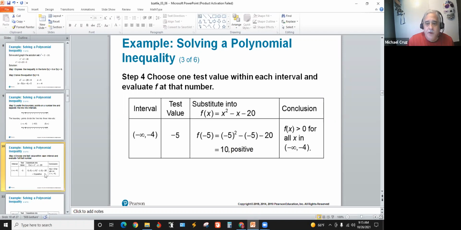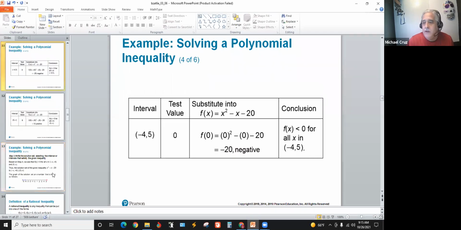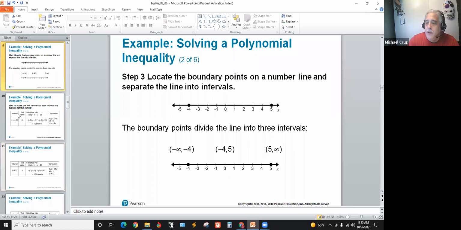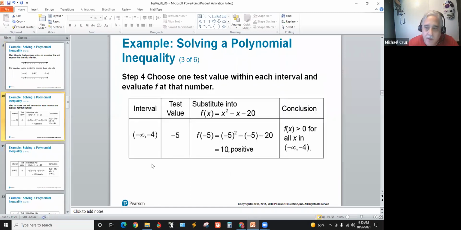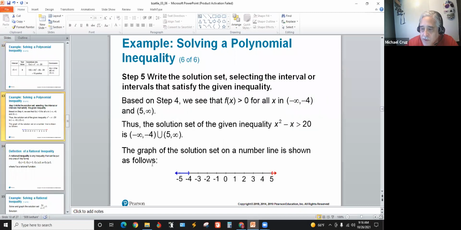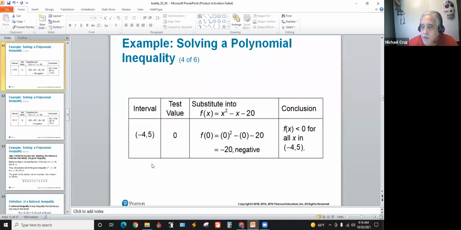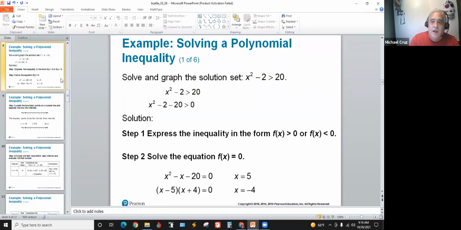But we're not finished because we've got one in the middle between negative 4 and 5. 0 is smack in there. 0 and 1 are your friends if you can use them. So we're going to put 0 in there. And we would come out with negative 20, which is negative, and it would be false, because negative 20 is not greater than 0.